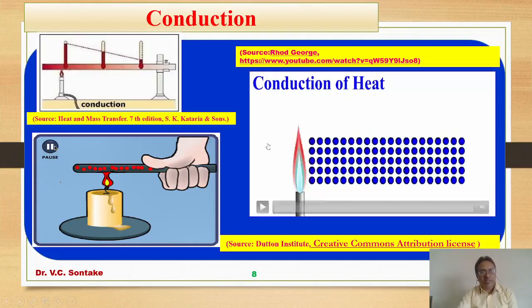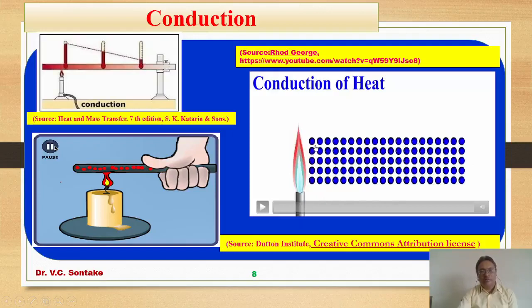Here, these are the molecules on the left hand side and these are the molecules on the right hand side. Initially, when the rod is at atmospheric temperature, all the molecules will be at room temperature, and this is shown by blue color.